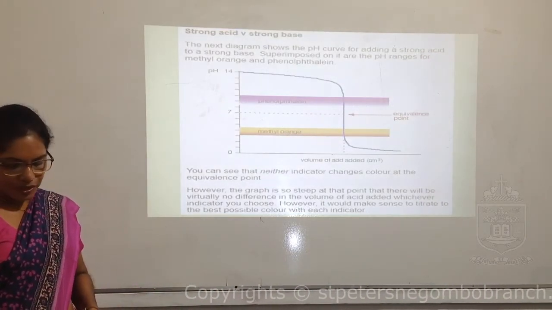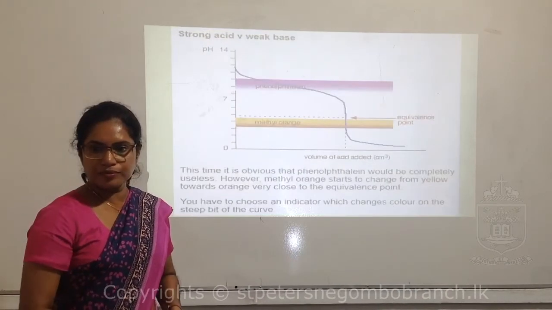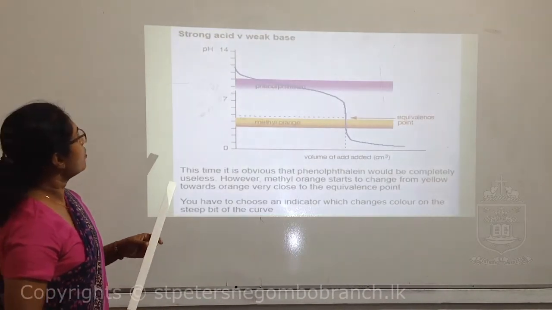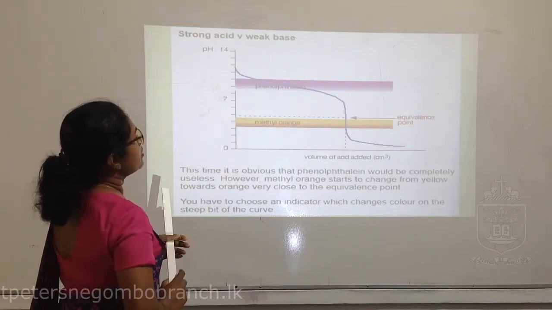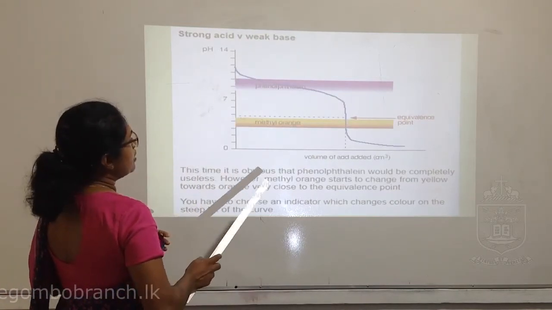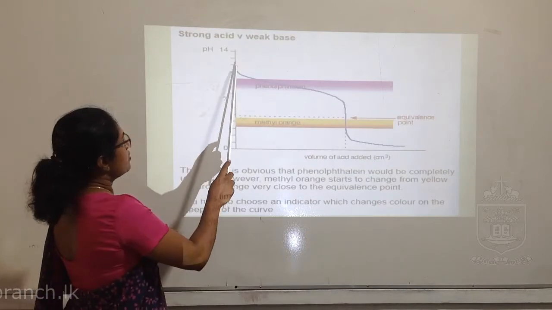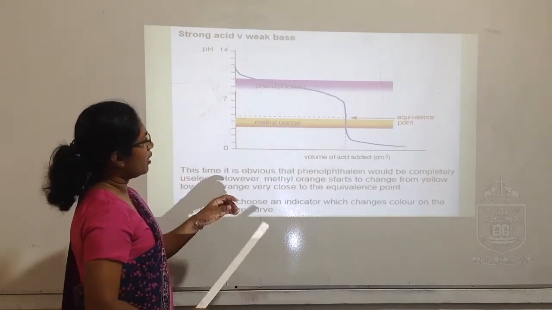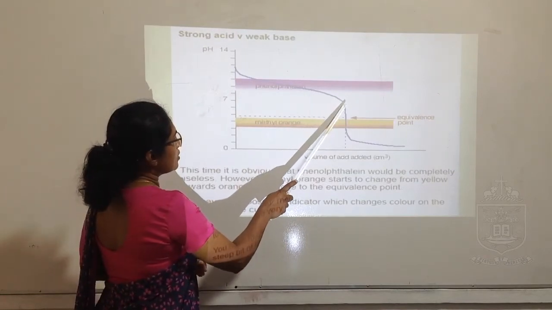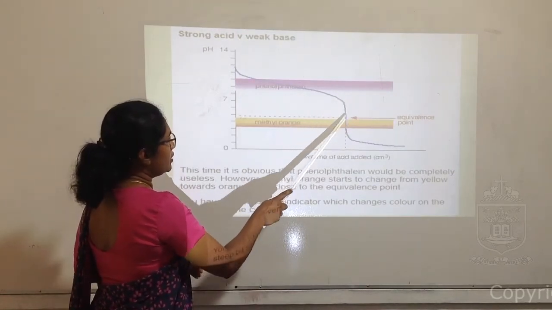And second one, strong acid versus weak base titration. Strong acid and weak base. So this is the titration curve, and this is the steep pH change area.